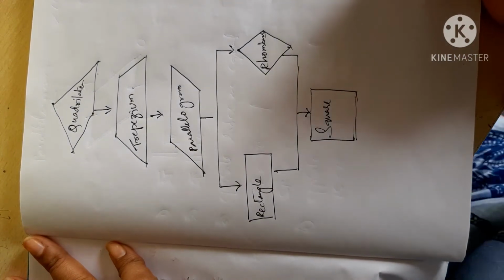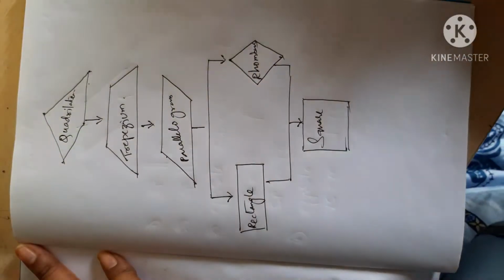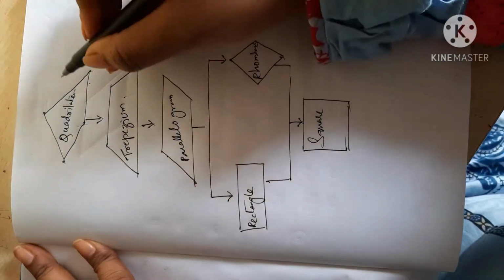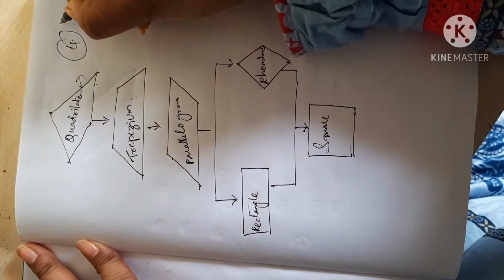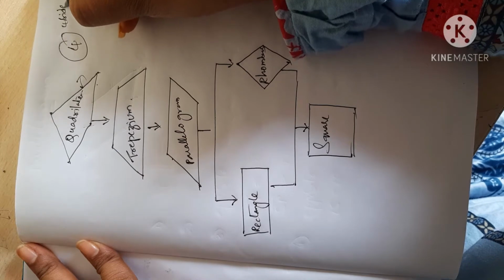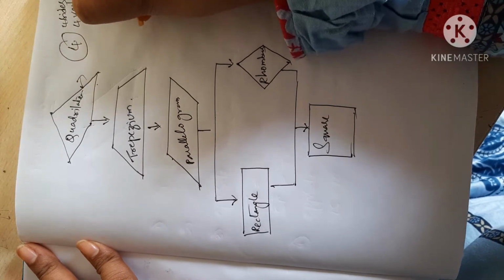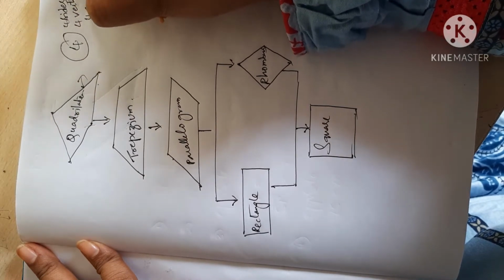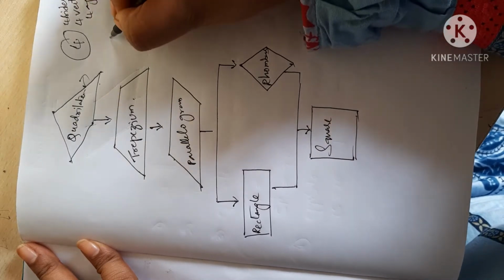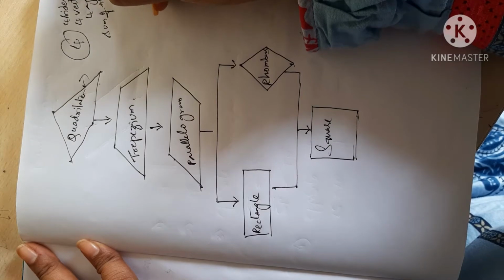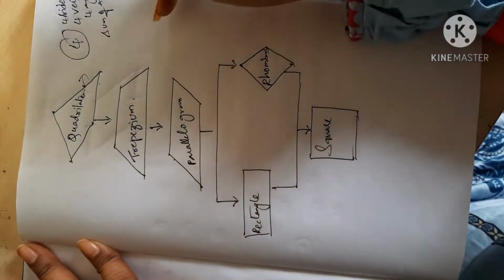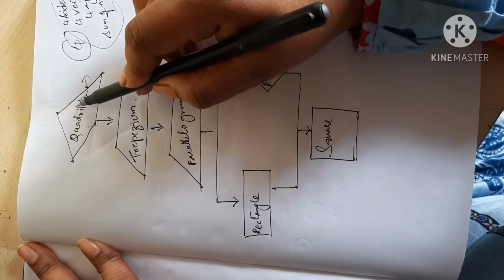Square. So this is a picture of the family of a quadrilateral. It is going to have 4 properties. What are those? 4 sides, 4 vertices, 4 angles. Sum of all angles is equal to 360 degrees. So these are the 4 basic properties of a quadrilateral.